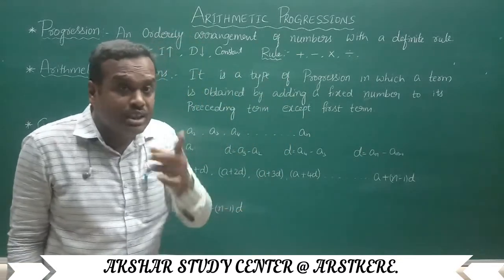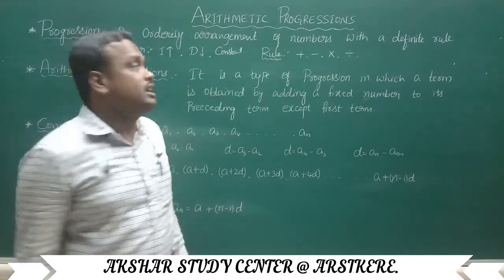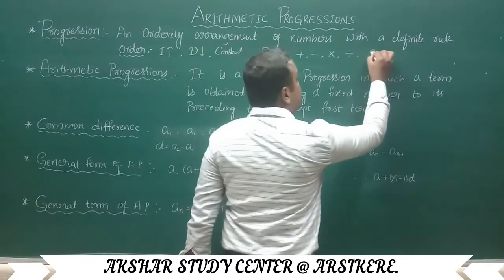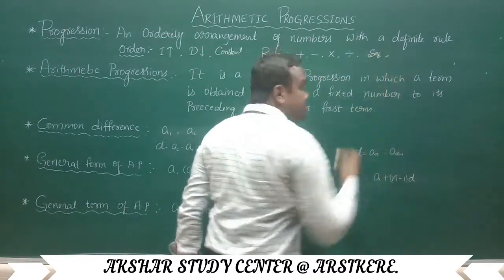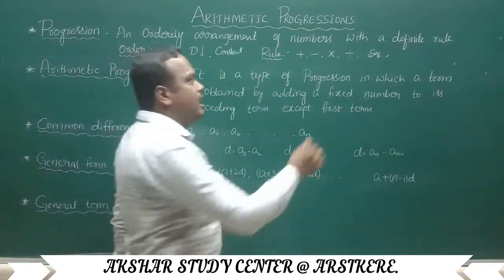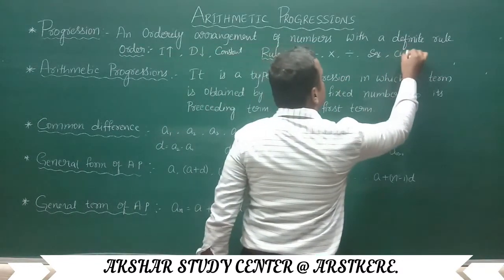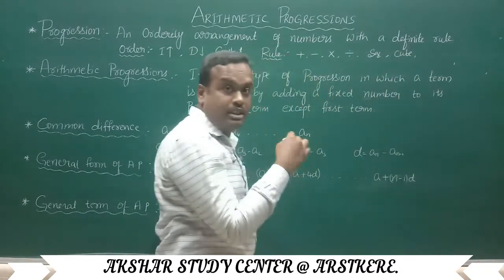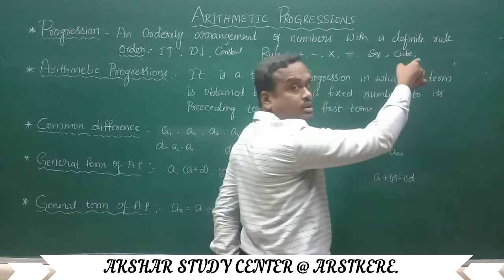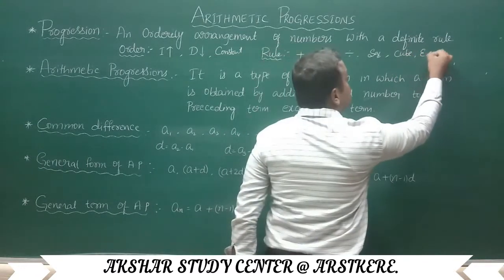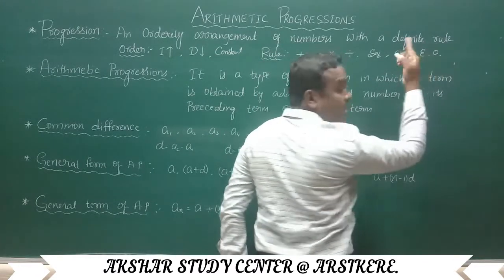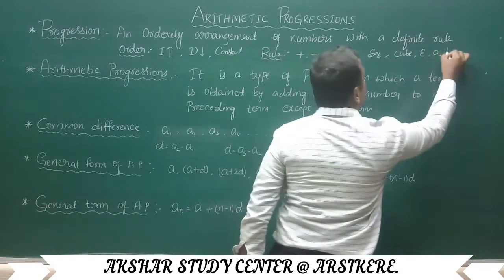Are there any other special rules? Yes, some special rules are there. The numbers may be square numbers, and the numbers may be cube numbers. The numbers may be even numbers, odd numbers, prime numbers, and so on.